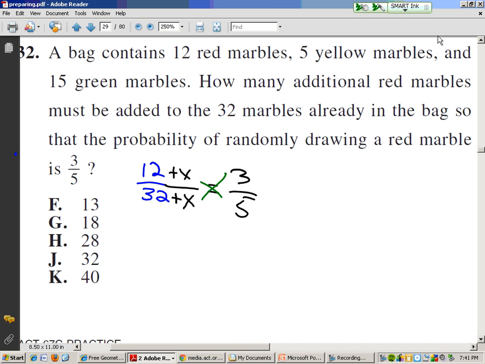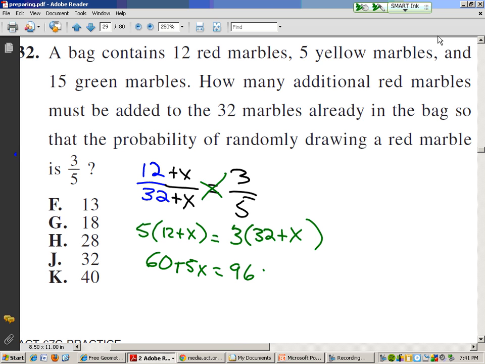This and this, and I'm going to get 5 times (12 plus x) equals 3 times (32 plus x). That's going to be 5 times 12 is 60 plus 5x equals 96 plus 3x.